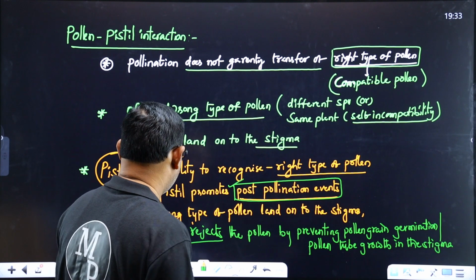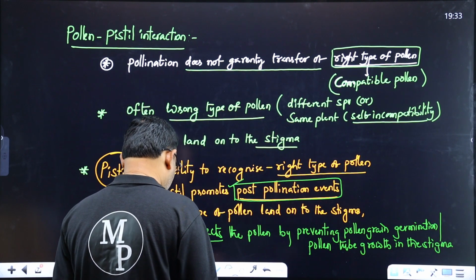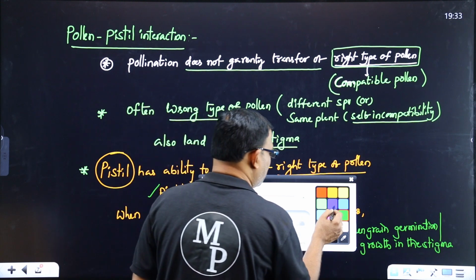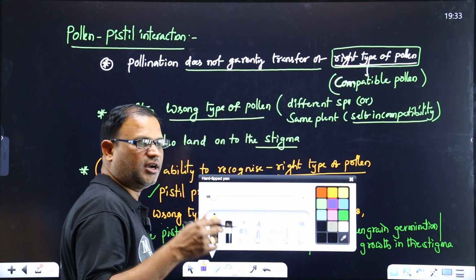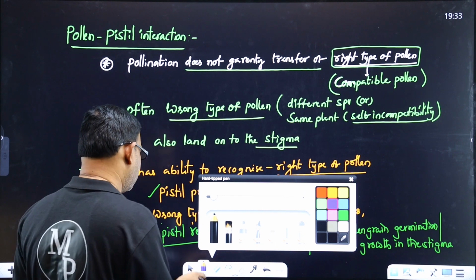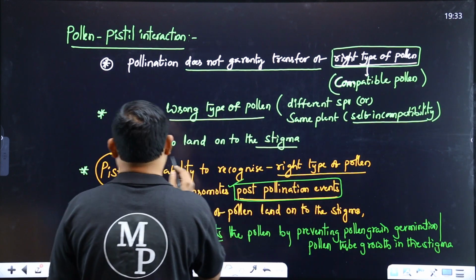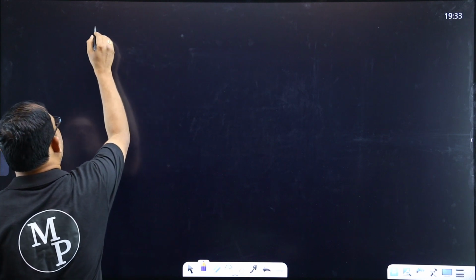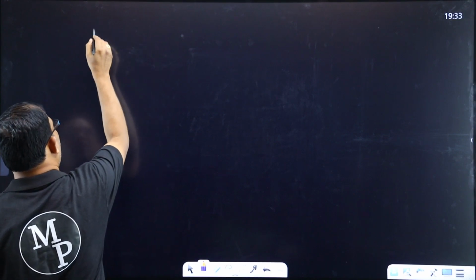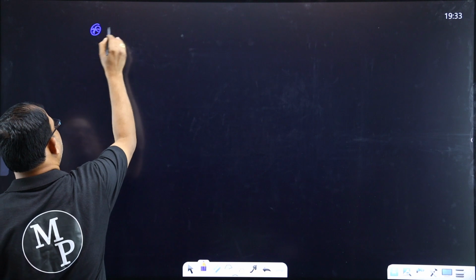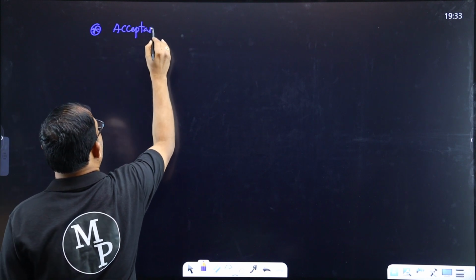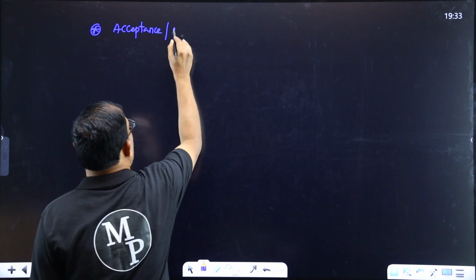The very important thing is that pollen pistil interaction is a chemical mediated process: acceptance or rejection.